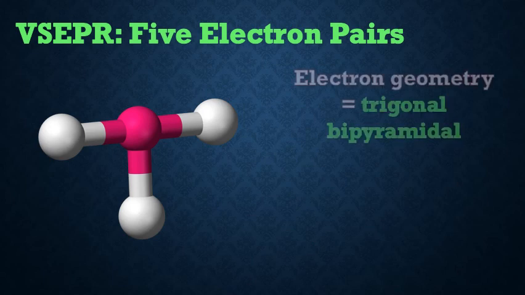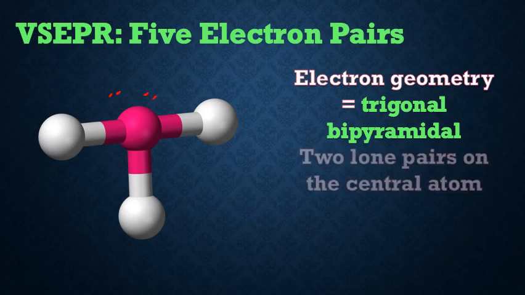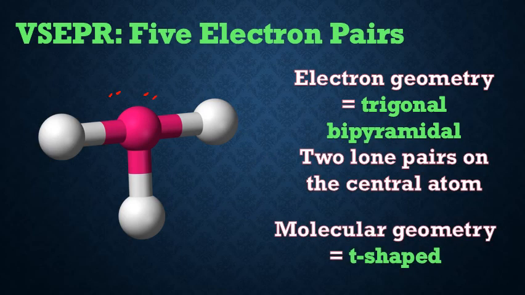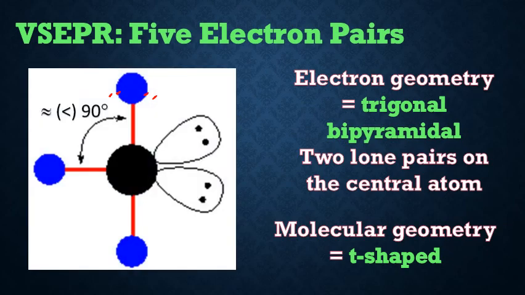This is our T-shaped molecule. It came from an electron geometry called trigonal bipyramidal. It had 2 lone pairs on the central atom, and its molecular geometry is T-shaped, and sure enough, it looks like a T. This is just a different picture of how this would look.